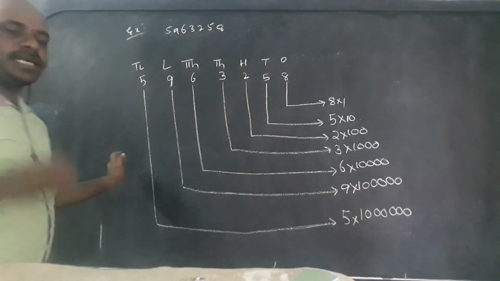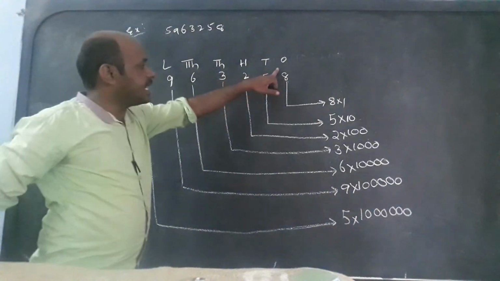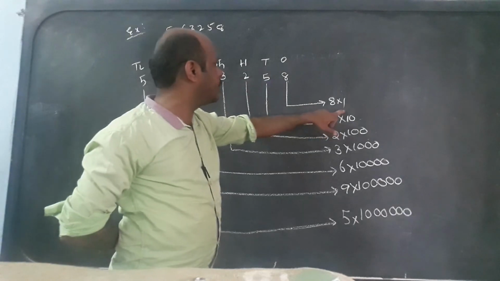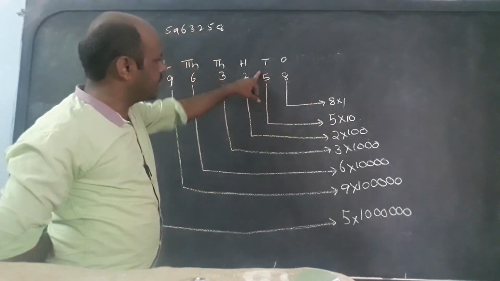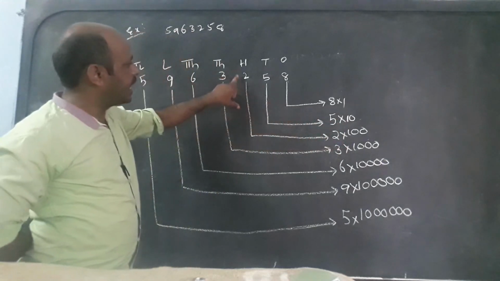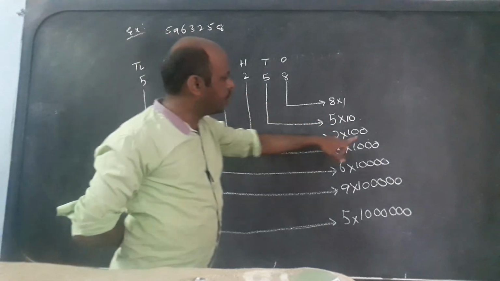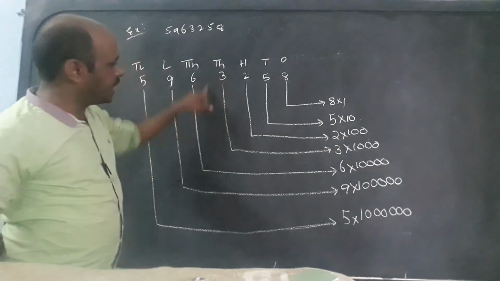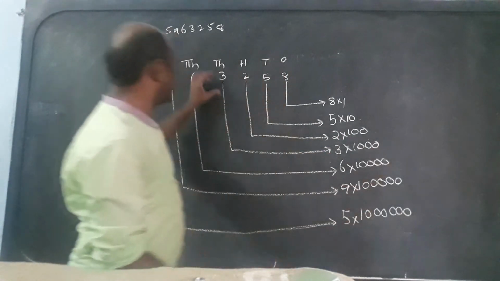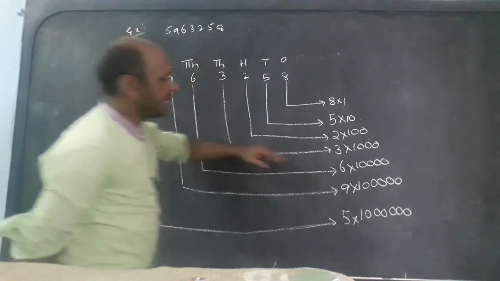Okay, see now, children, again. 8 is in the ones place, that's why I wrote 8 into 1. 5 is in the tens place, that is 5 into 10. 2 is in the hundreds place, 2 into 100. Then 3 is in the thousands place, 3 into thousands.